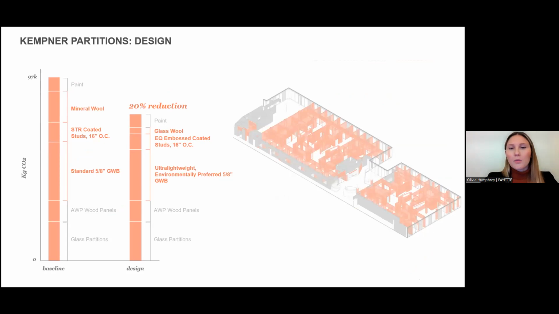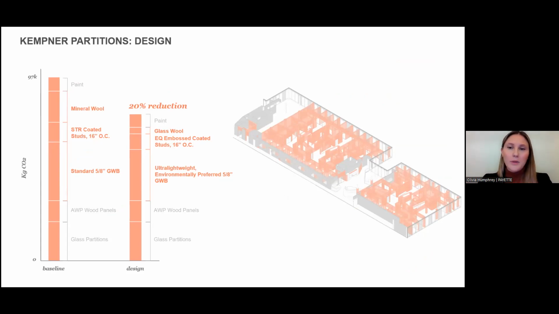And so what we were able to get from doing these quick material swaps was a 20% reduction. We swapped from mineral wool insulation to a glass wool insulation, and this particular glass wool is basically fiberglass that had a lot of recycled glass content and sand and bio-based binders.